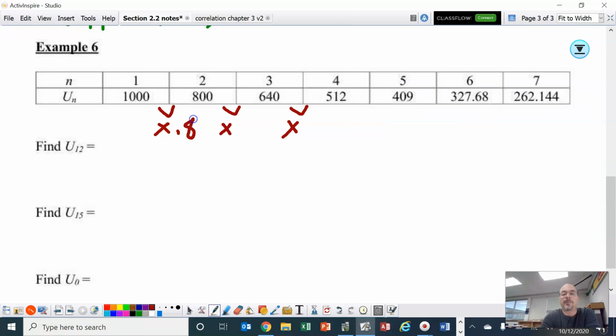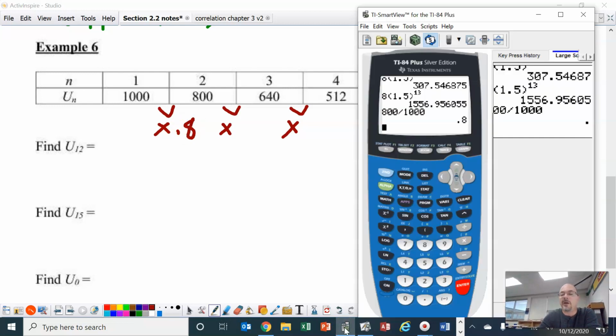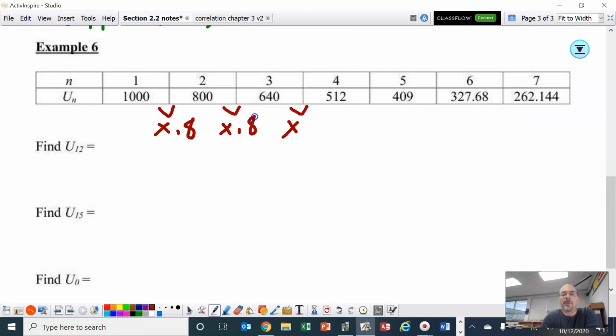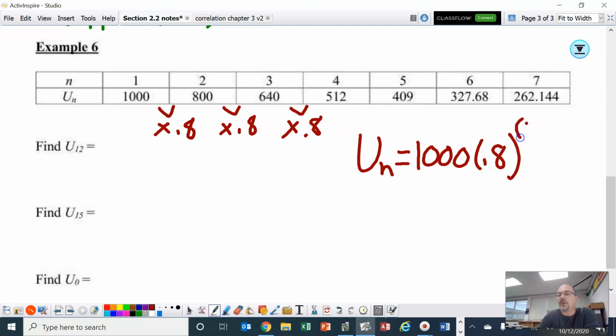Looks like we're multiplying by 0.8. I'm going to verify one more. I'm going to take 640 and divide it by 800. And yep, I'm multiplying by 0.8. So my formula is U sub n equals 1,000 times 0.8 to the n minus 1, because I'm starting with the first number in the pattern, not the initial amount.